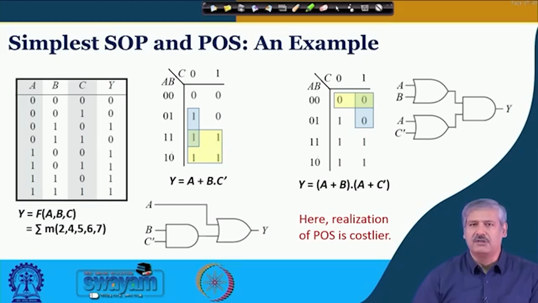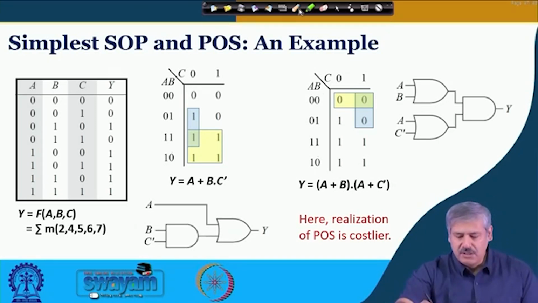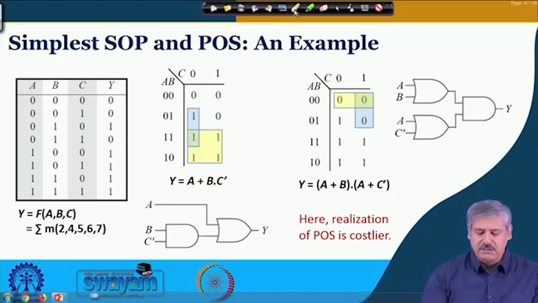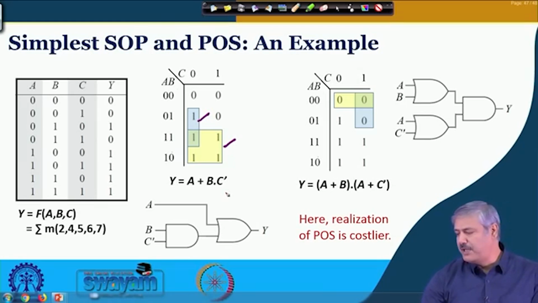We had already solved this particular kind of minimization problem before, and in the SOP case we have the realization where one min term comes from here, which is A, and another min term comes from here, which is B C prime. Okay, this we have seen before. So, in the SOP realization we have y is equal to A plus B C prime in this manner, right.